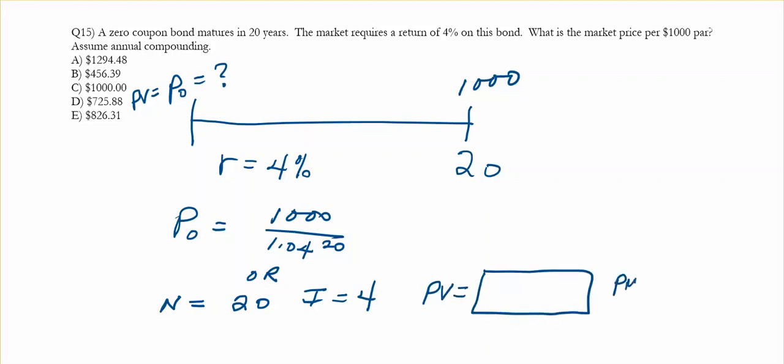It's a zero coupon bond, so there's no coupons, payment is 0. And then the FV is 1,000, giving us 456.39, and there's the option B.